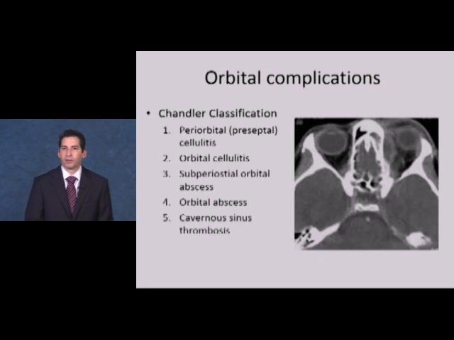The next stage of progression is stage 2, orbital cellulitis. In orbital cellulitis, the orbital contents are inflamed without abscess, and this generally results in some proptosis, some chemosis, and possibly limitation of extraocular movements. The next stage in progression is subperiosteal orbital abscess, which is seen in this image.